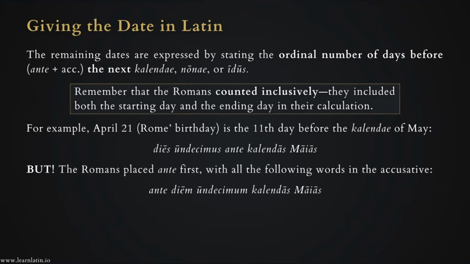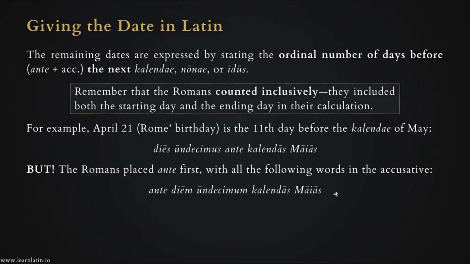Because the Romans placed ante before, at the beginning of the term expressing the date. And all the rest of the words were in the accusative because they were following ante, and the preposition ante needs the accusative. So, ante diem undecimum calendas Maias. So you simply have to take the ante, put it before everything, and then decline dies undecimus into the accusative, and keep the accusative in calendas Maias.